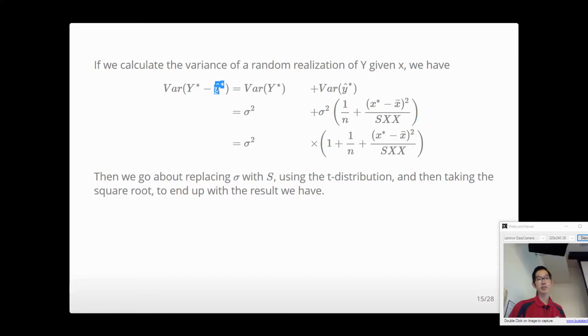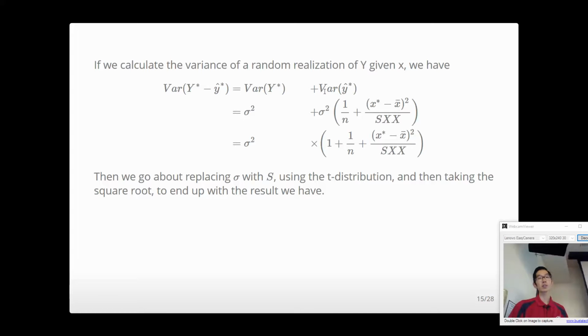This represents the uncertainty in our prediction line, not really the confidence interval, but the uncertainty of our estimate of the prediction line, and this is the uncertainty in just any value drawn from y. And so, by the rules of variance, the variance of this quantity is going to be the variance of y star plus the variance of this thing.